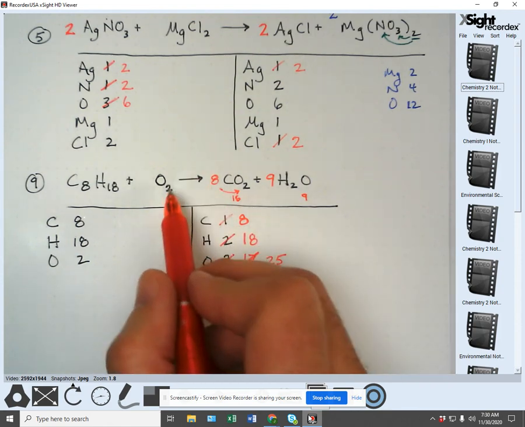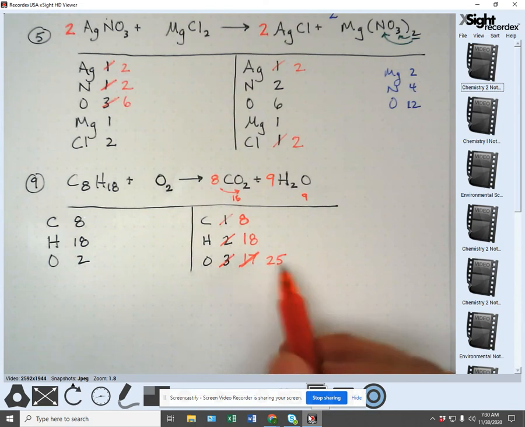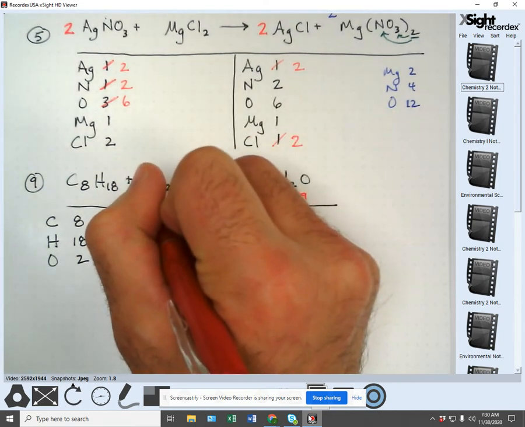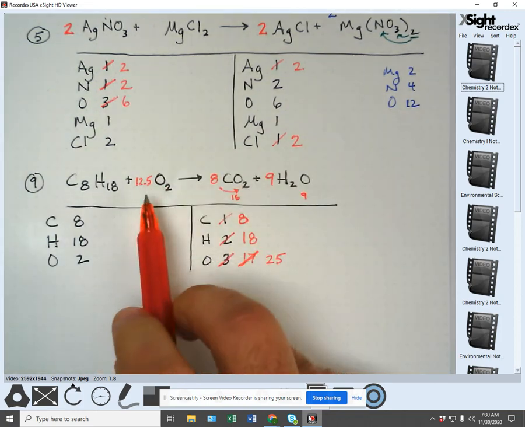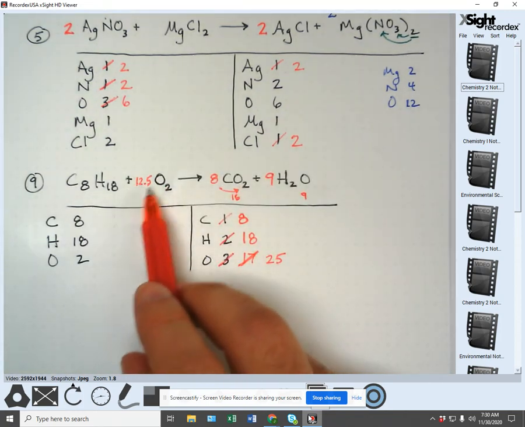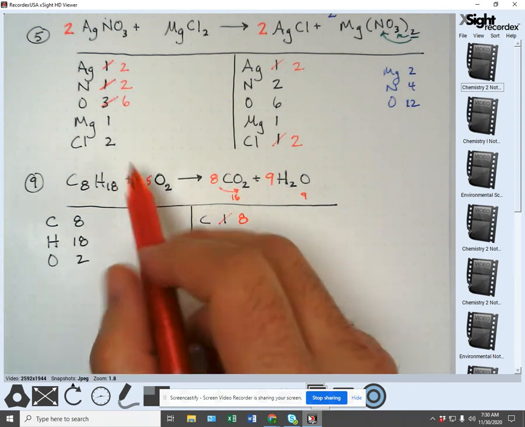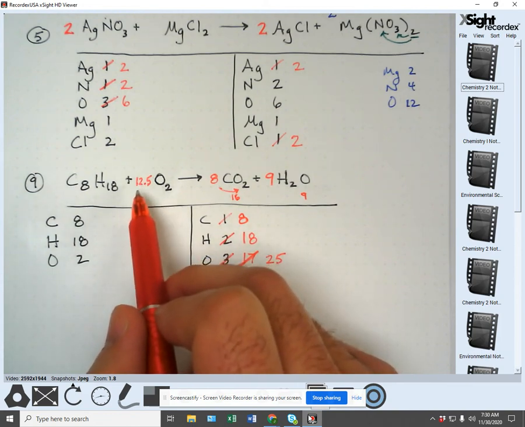So if I was to put a number here that would give me that, it would be half of 25. So this would be 12.5. Okay. But we can't do that. The coefficients must be whole numbers. You can't put fractions or decimals as coefficients.